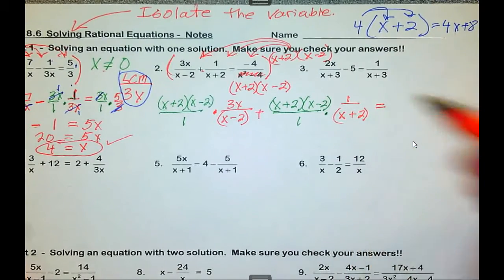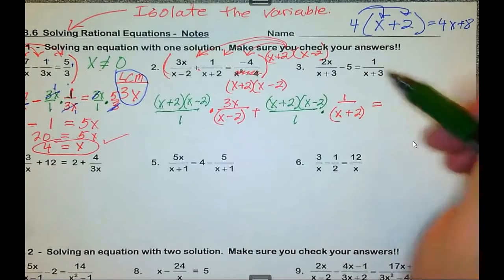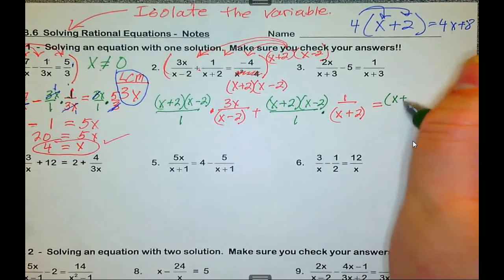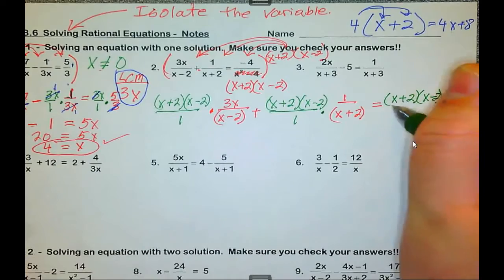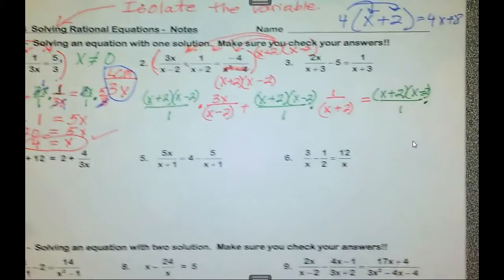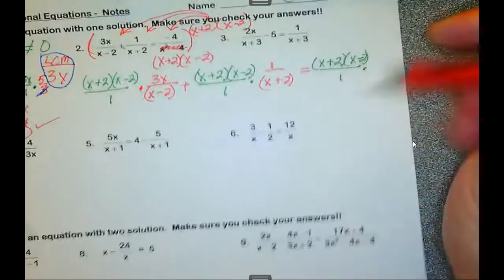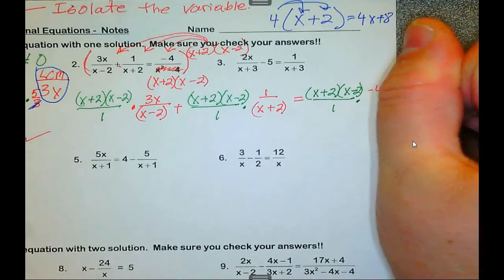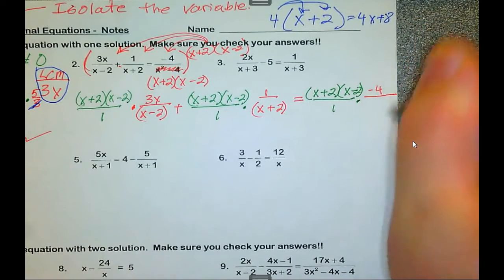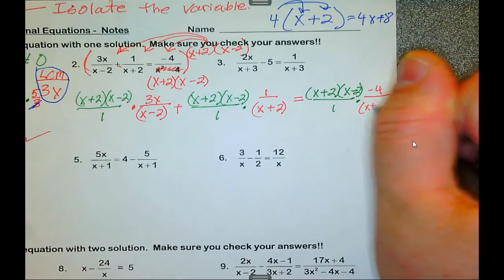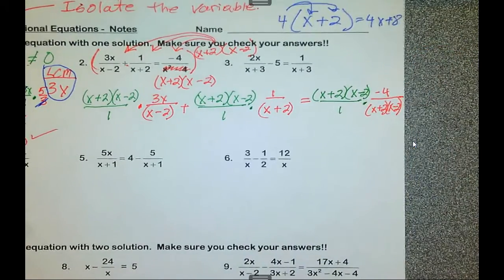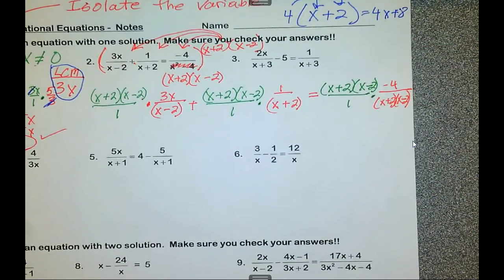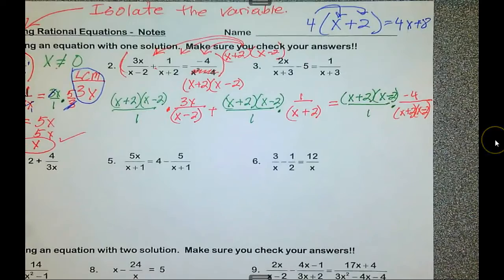To equal, I'm going to take x plus 2, x minus 2 over 1, and I'm going to multiply it by negative 4 over x plus 2, x minus 2. Okay? It's going to cancel out.